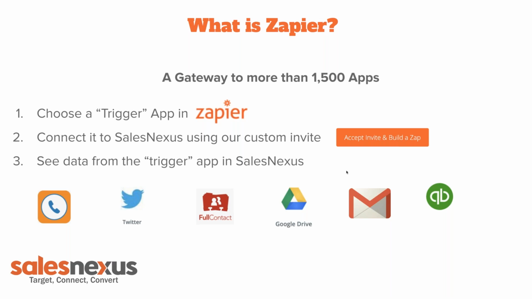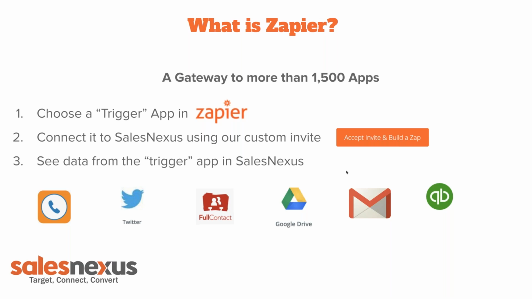So you're choosing a trigger app, which would be the Google Sheet, and an action app, which would be SalesNexus, and you're saying, when this happens in my trigger app, I want this to happen in SalesNexus. Currently, what you can do with SalesNexus as the action app is add things like contacts, notes, or sales opportunities.